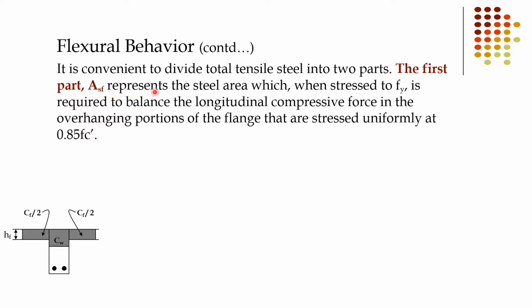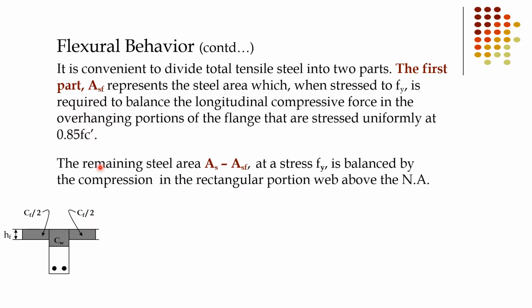So Asf will be provided to balance Cf, and the remaining steel, total steel minus Asf, will be the web steel at a stress fy, balanced by the compression in the rectangular portion of the web above the neutral axis.